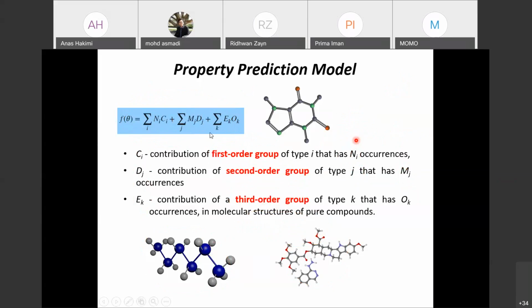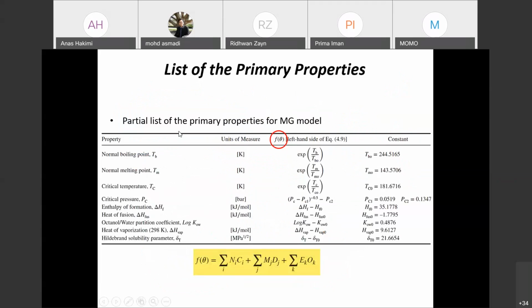Okay. So this is the example of the list of the primary properties. Just now we already explained the definition of the right side. But how about the left side? The primary properties, f of theta. So look here, this is f of theta on the left-hand side in this equation.